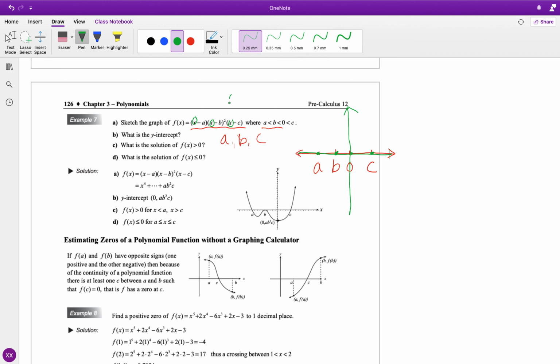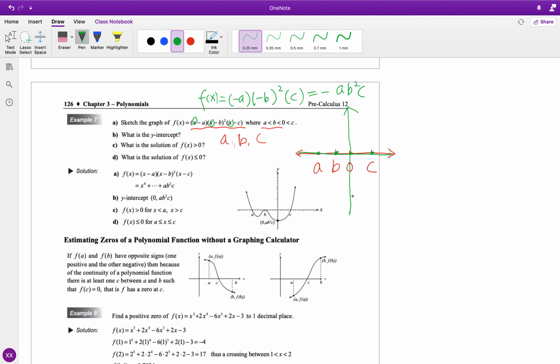So that means negative a, f(x) or y equals negative a multiplied by negative b to the power of 2, and then negative c. So then this is a negative, and this becomes positive. So in the end, it will be a negative number, and that is negative a, b to the power of 2, and c.